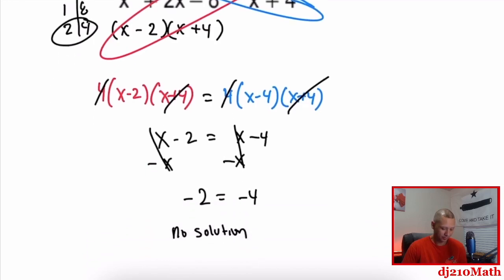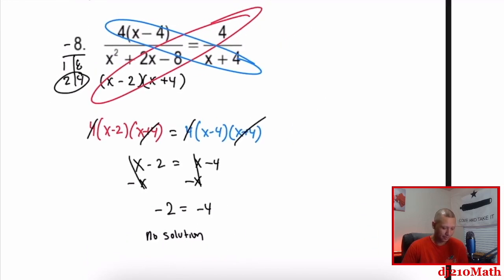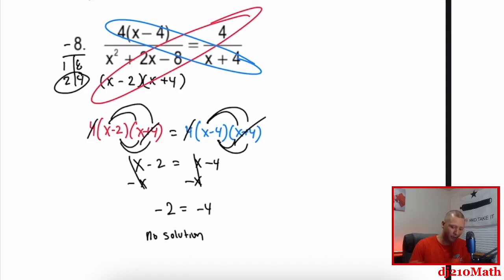That's wild. I mean, even if you're like, nah, fam, you got to work this out. So if you were to start distributing, I mean, if you distributed it all out, once you start moving everything, all the x's to one side, things are going to start canceling for sure.